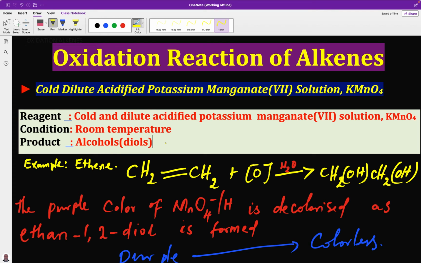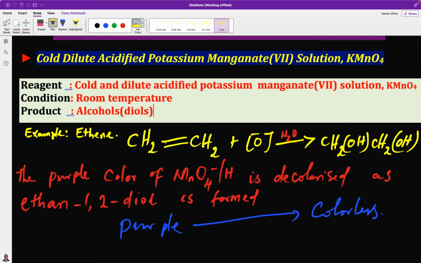So under this condition, the purple color of the acidified manganate 7 solution is decolorized to colorless because there is a formation of a new product. And this product is what? The product is ethane 1,2-diol. Ethane 1,2-diol is formed. The color changes from purple to colorless.